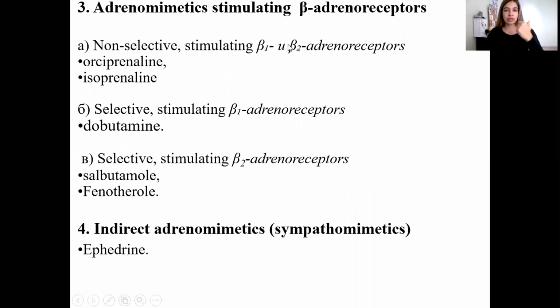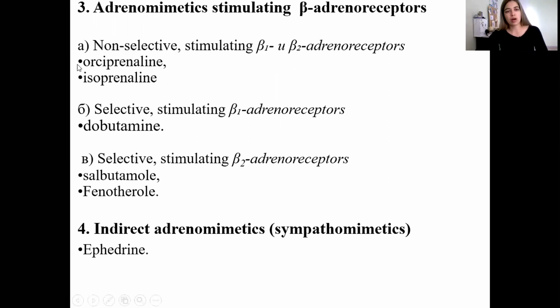Also, we have selective adrenomimetics which affect beta receptors. Beta adrenomimetics can be classified as non-selective and selective. Non-selective ones stimulate all types of beta receptors, beta 1 and beta 2.